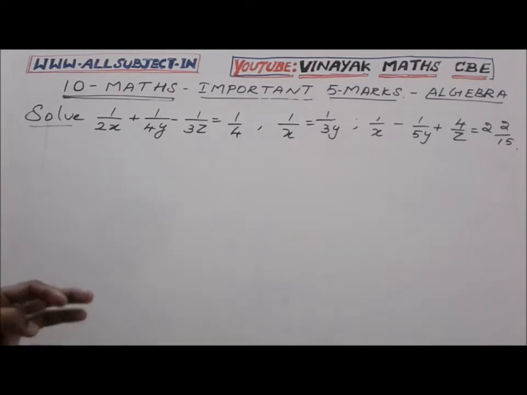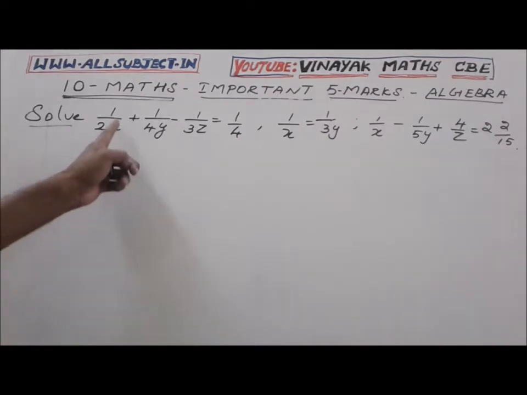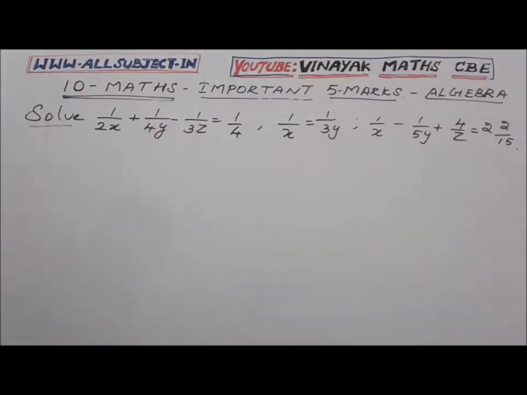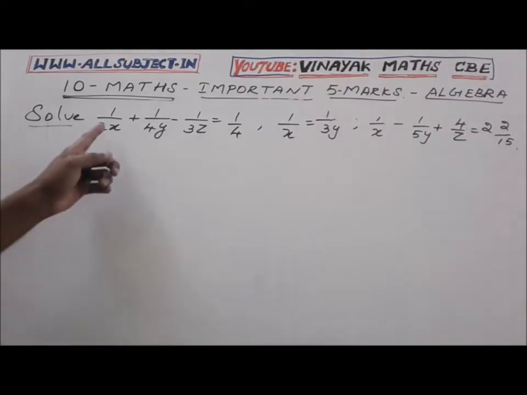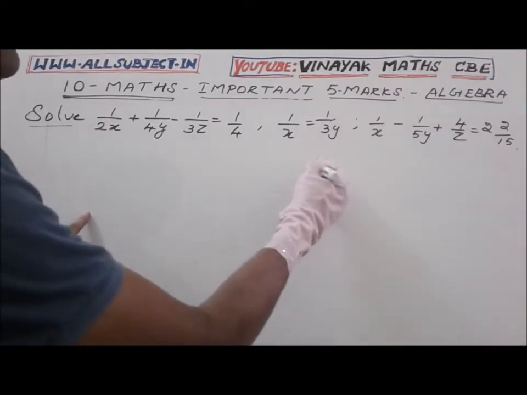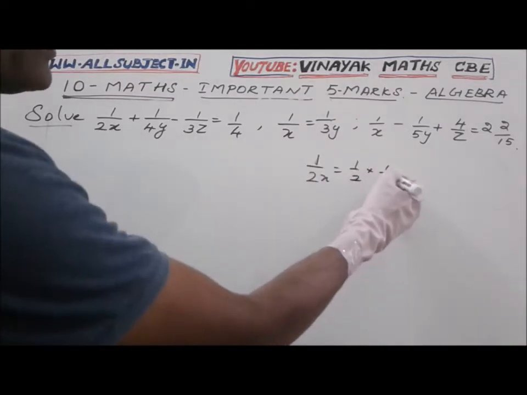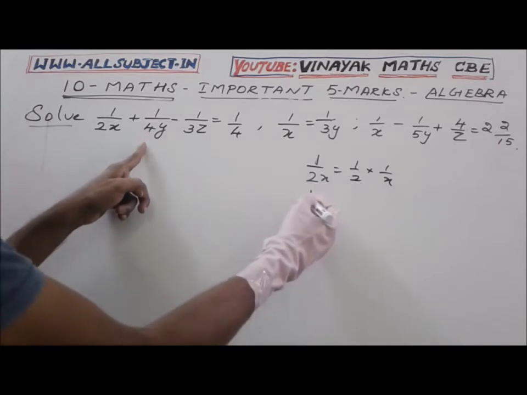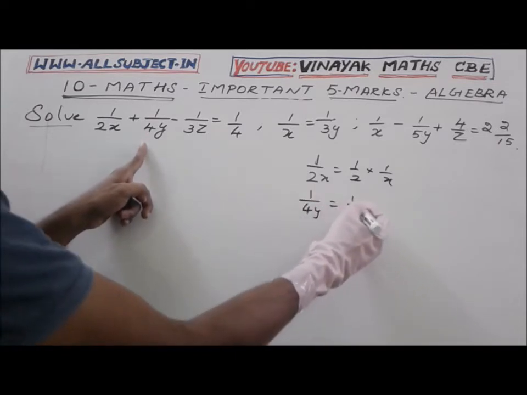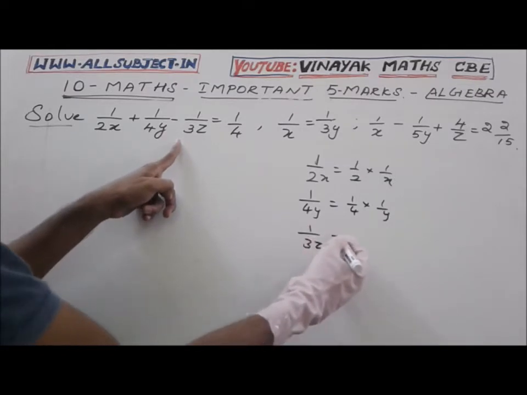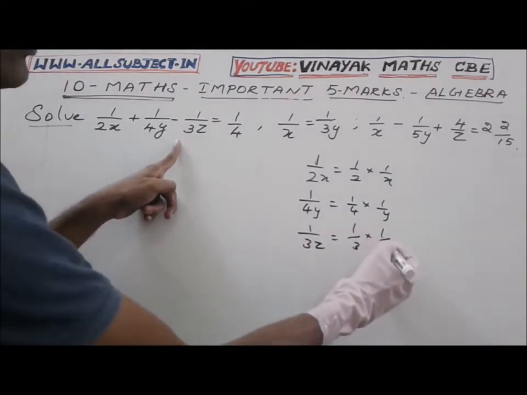For our convenience, we can substitute some of the variables as 1 by x, 1 by y, 1 by z. Then it is easy to solve. So 1 by 2x can be split into 1 by 2 into 1 by x, and 1 by 4y means 1 by 4 into 1 by y, and 1 by 3z means 1 by 3 into 1 by z.